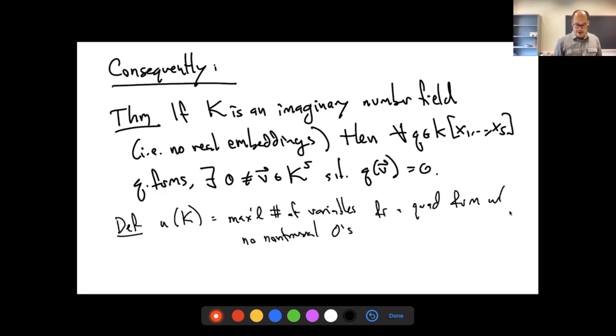And so for K an imaginary number field, the U invariant turns out to be exactly 4. It's easy to write down 4-dimensional forms that don't have zeros, but more than that, this theorem applies and you have to have a 0. All right, and I have no idea why it's called the U invariant. I should have looked. I'm not lost in the sands of time, I guess.